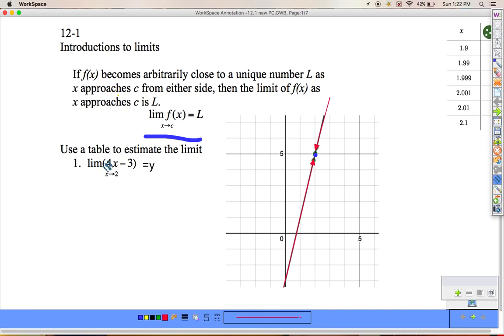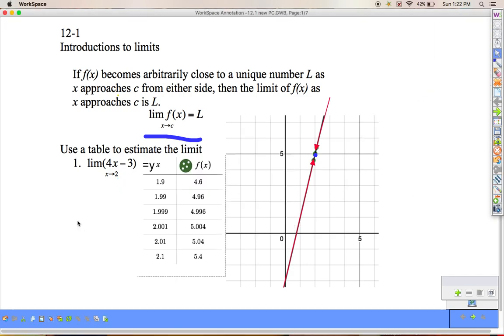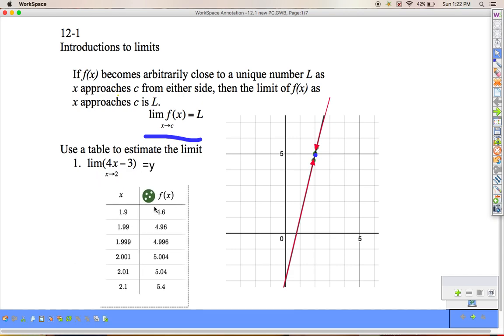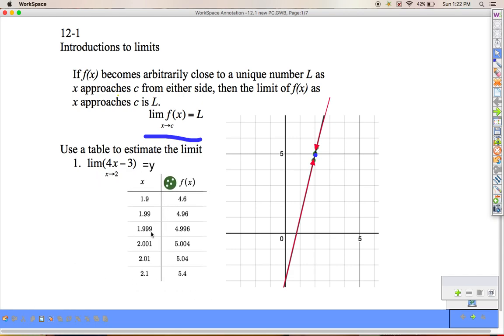What I want to do is approach 2 from both sides, getting closer and closer to 2 without really getting there. If I want to approach 2, I'm going to get close to 2 on both sides. Like 1.999 is really close to 2. 1.99 is a little further away. 1.9 is even further away.